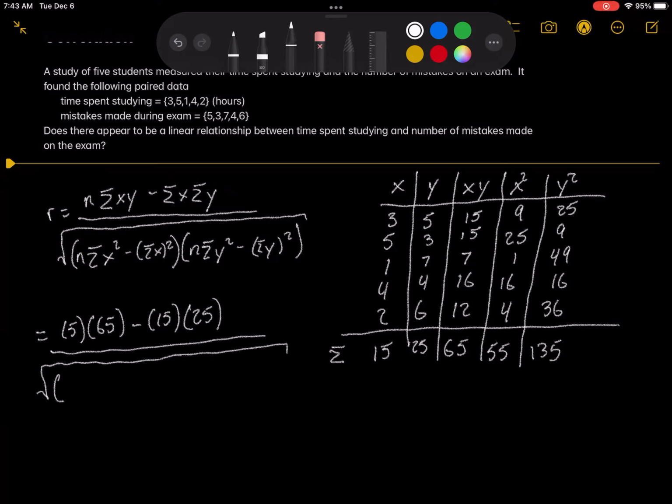So here we have 5 times the sum of the x squareds, which was 55, minus the square of the x's, which was 15. Oh, I'm sorry, that should be 15, not 25.